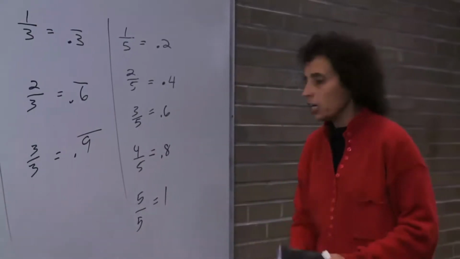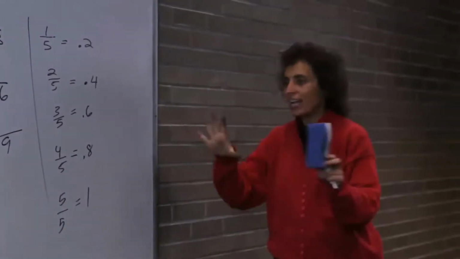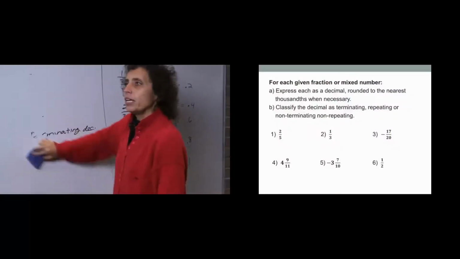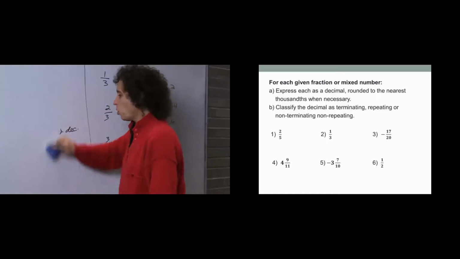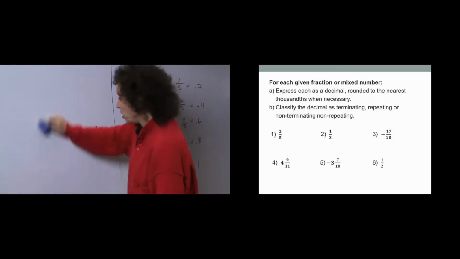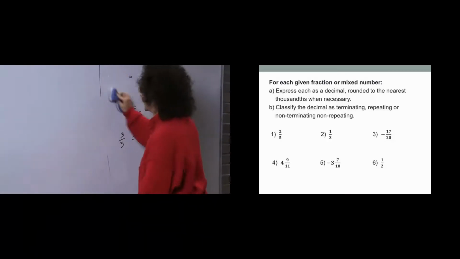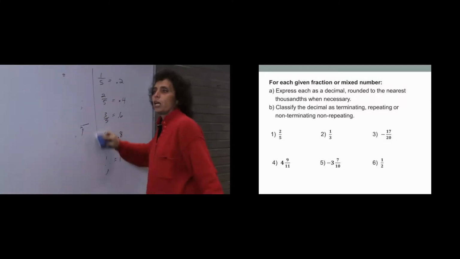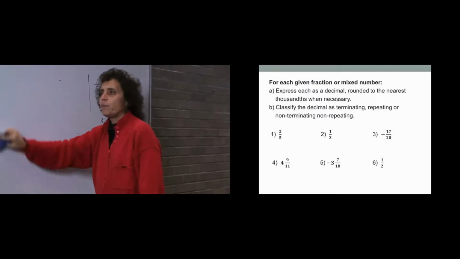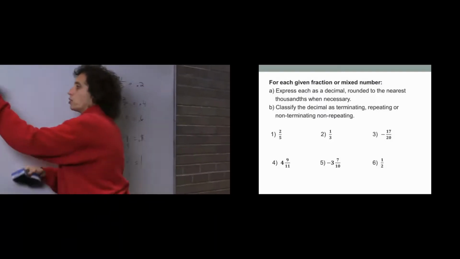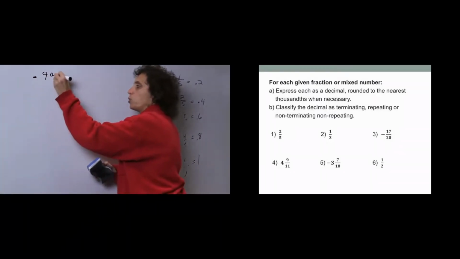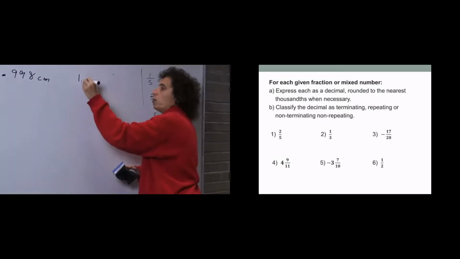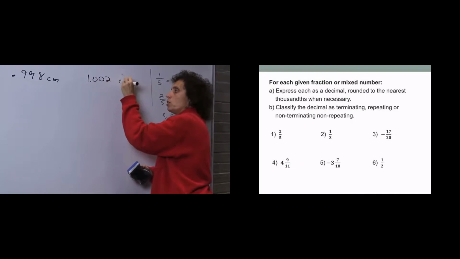You don't know. Okay, let's see why we care about any of this. Let's take a look at an example. The next example is about an artificial heart valve. If you were the receiver of the artificial heart valve, you might care about this. Here we go. It says, Precision Medical Parts makes an artificial heart valve that must measure between 0.998 centimeters and 1.002 centimeters.